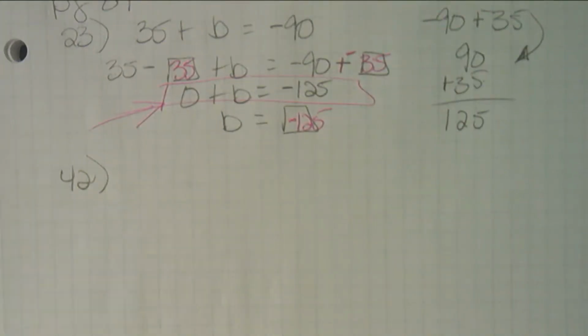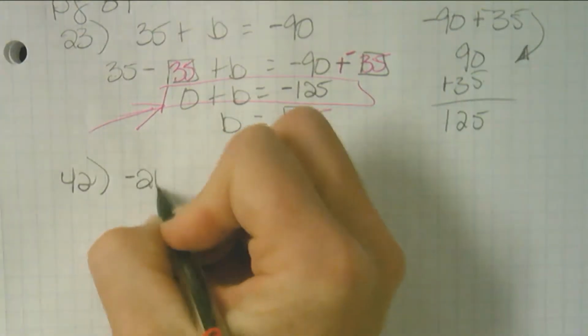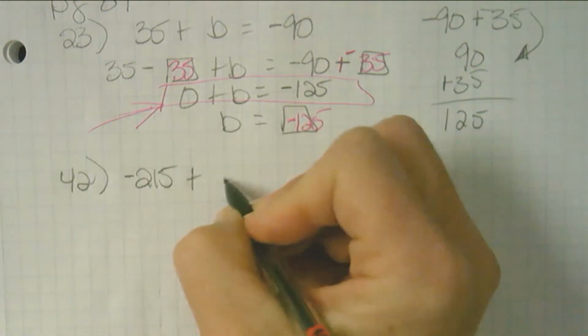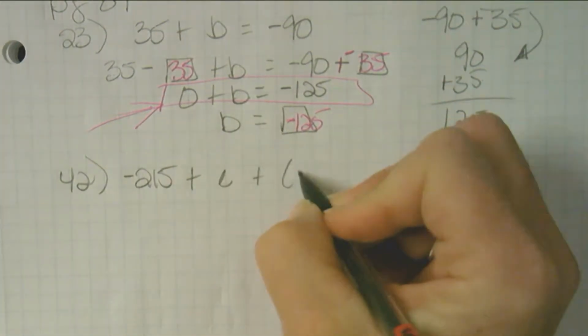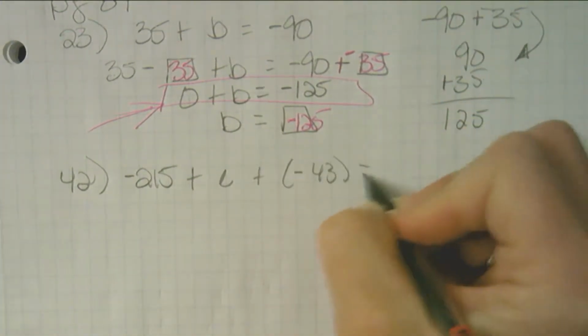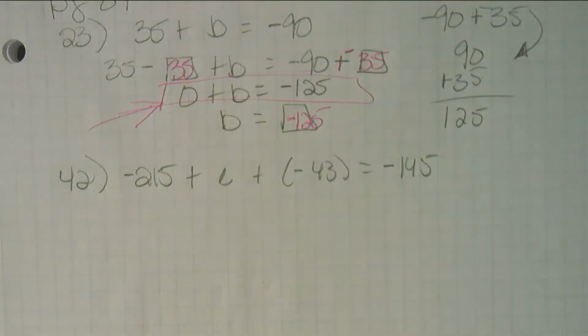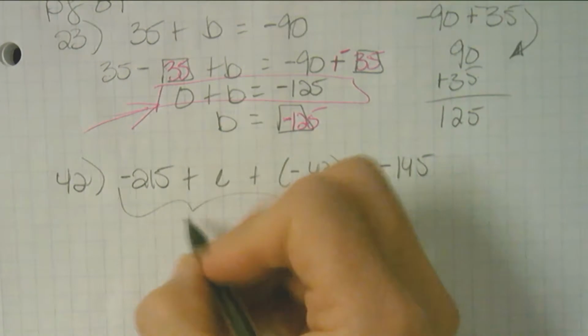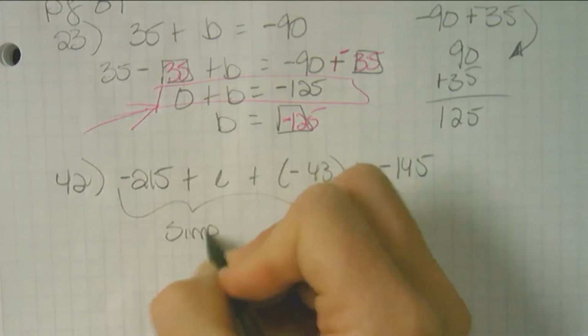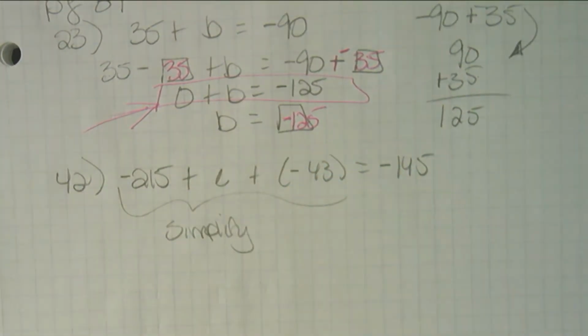So for number 42, I have negative 215 plus e plus a negative 43 is equal to a negative 145. Now remember, I require that we simplify that left side. Why is it not simplified?